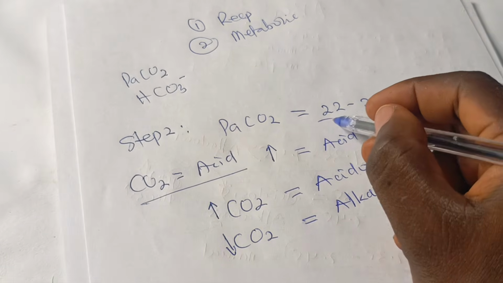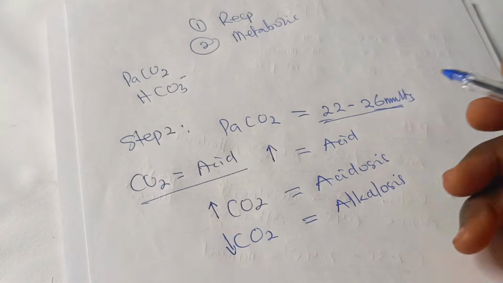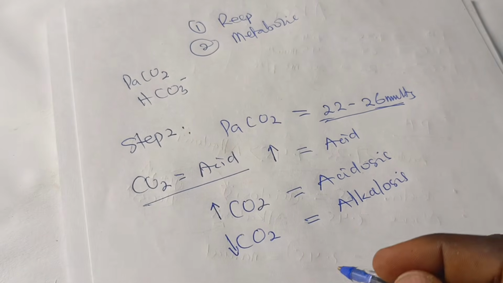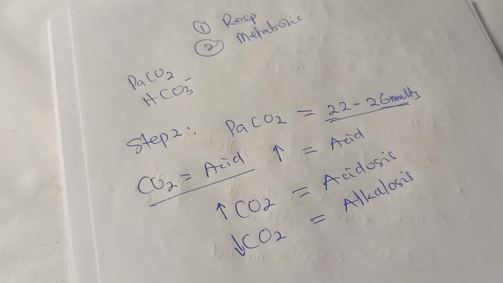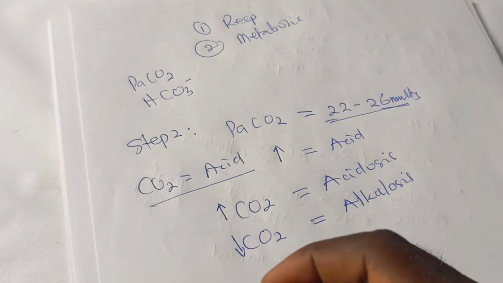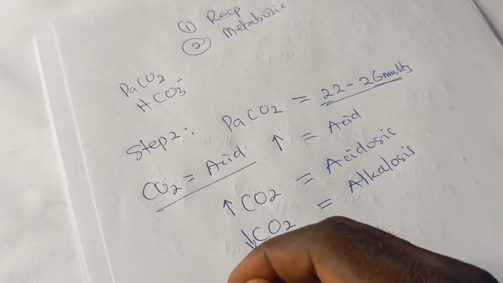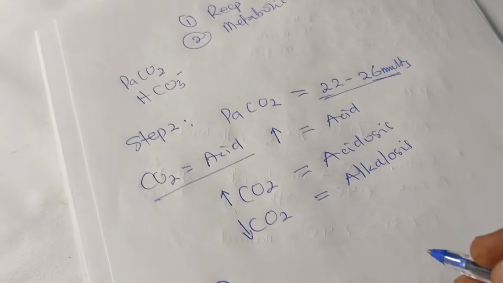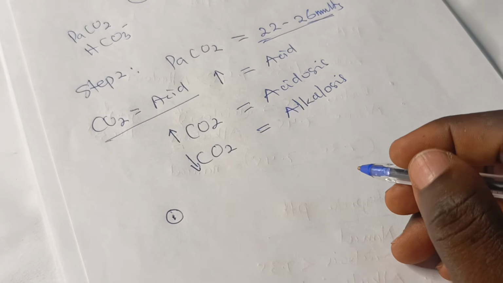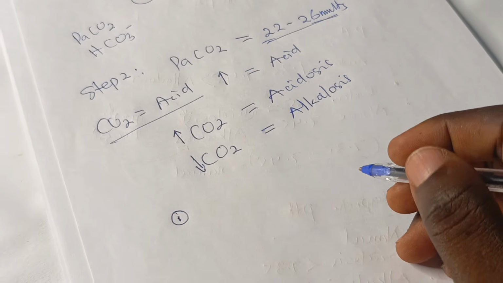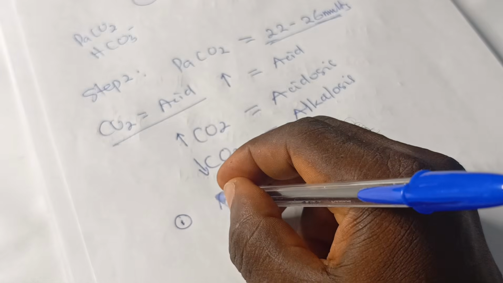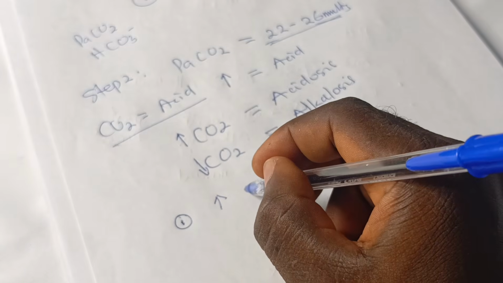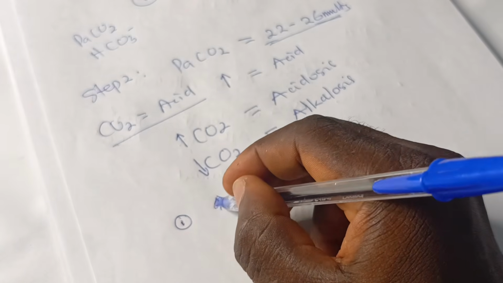We said the value is 22 to 26 millimeter of mercury. So if the value of the carbon dioxide they gave you is lower, let's do the lower one first.